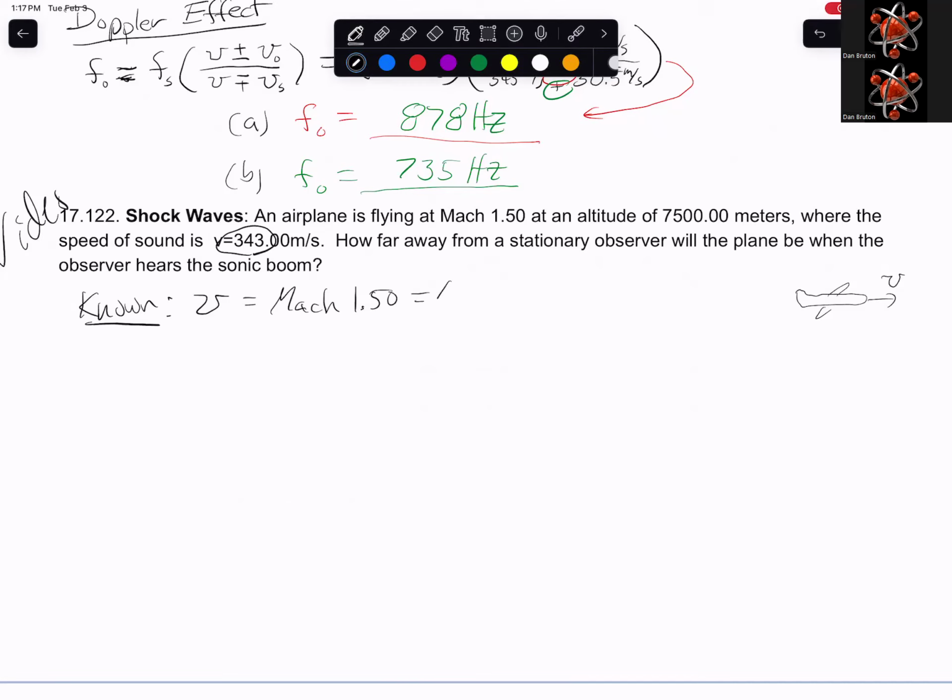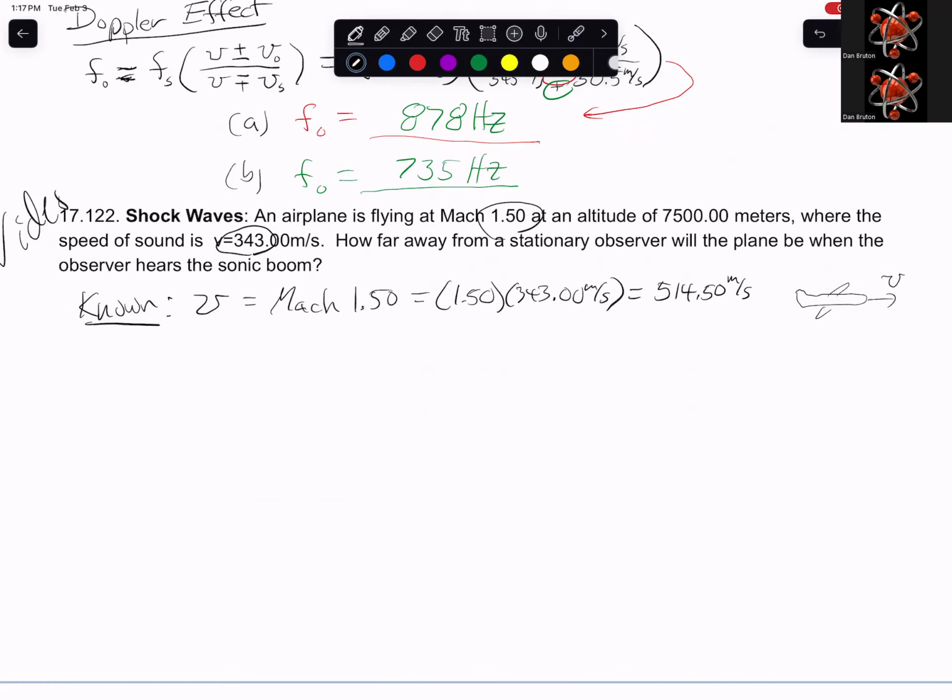So all that really means is 1.50 times 343.00 meters per second. And so doing that in a calculator, 1.5 times 343, I'm going to get a speed of 514.50 meters per second. So they're going faster than the speed of sound in this case by 50%.